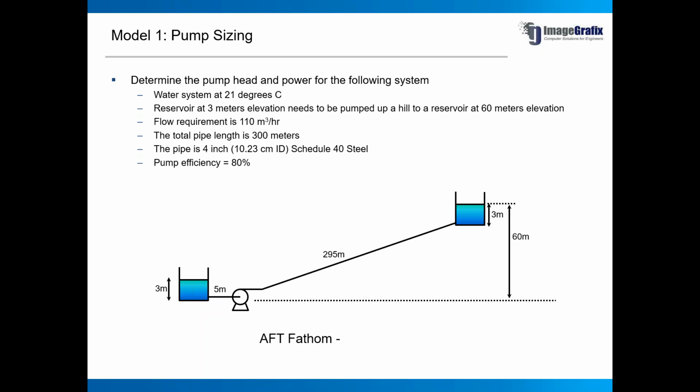The flow requirement given is around 110 meter cubes per hour. The total pipe length provided is 300 meters, and the pipe is 4 inches in diameter and schedule 40 steel. And also they have provided that the pump is working at 80% efficiency.